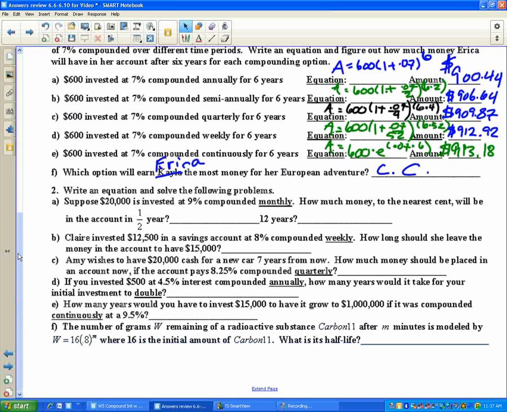So my equation would be y is equal to my original amount, $20,000, times 1 plus my rate, 0.09 divided by 12, since I'm compounding 12 times, to the 12 times 0.5 for half a year, and times 12 for 12 years.